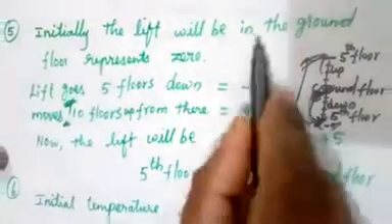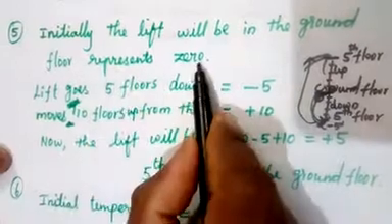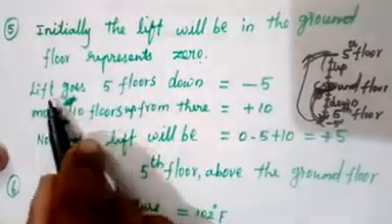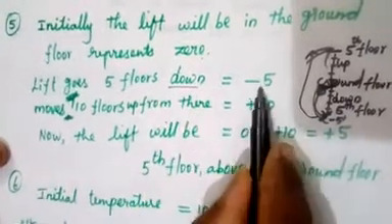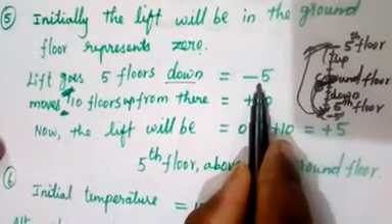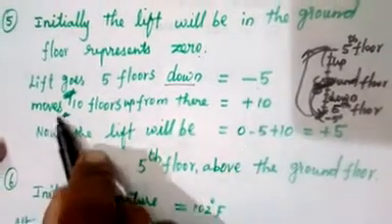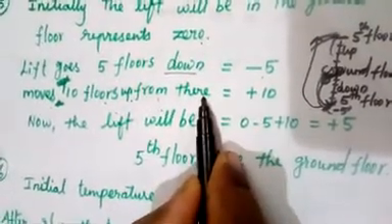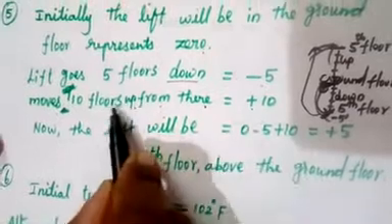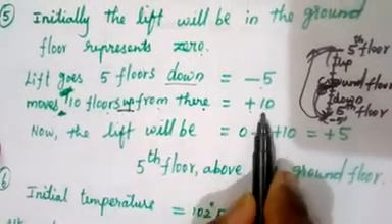Initially the lift is on the ground floor, which represents 0. First the lift goes 5 floors down. Goes down means minus 5. Then it moves 10 floors up from there, so plus 10.